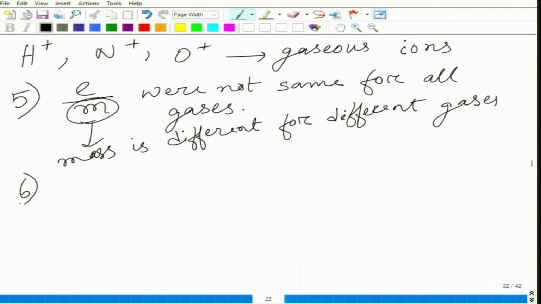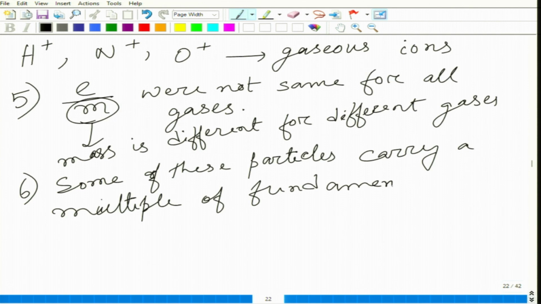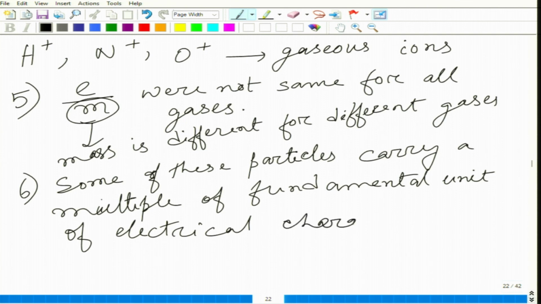The sixth point was some of these particles carry a multiple of the fundamental unit of electrical charge.